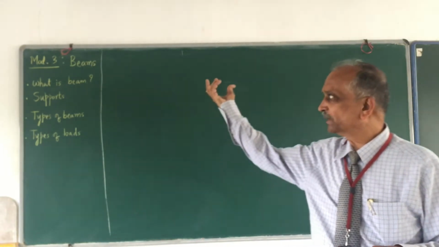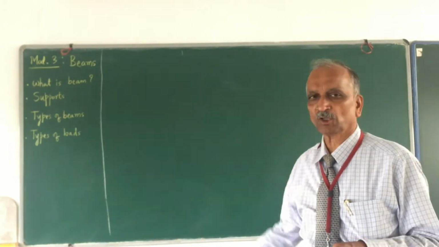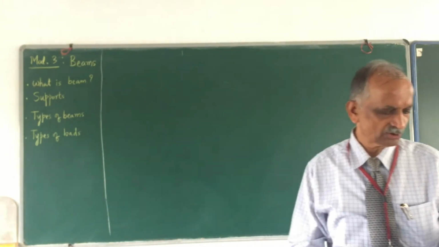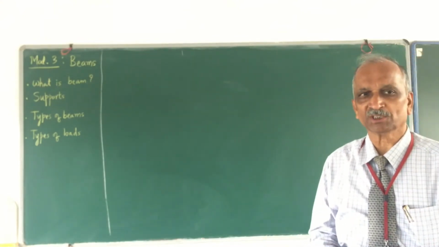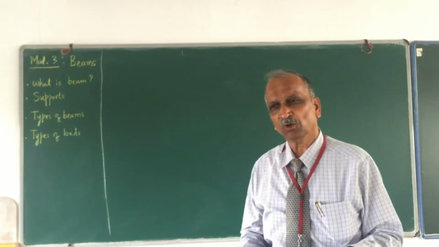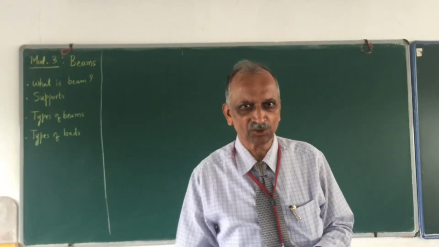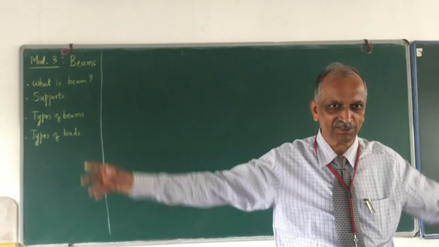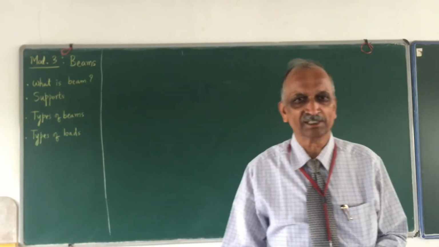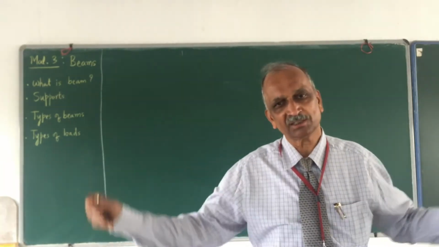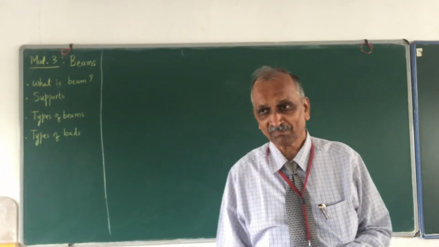So today the title of the topic is beams. In module 3, we are going to discuss what are called beams. In module 1 all the time we were talking about bars. You all know what is meant by a bar: a long member having smaller cross-sectional dimensions and subjected to only axial load.